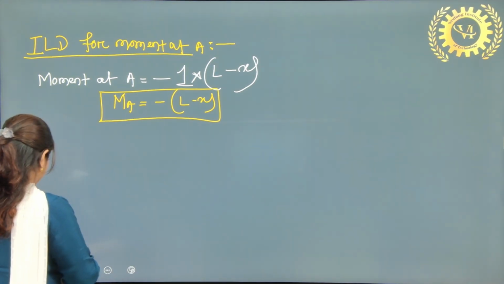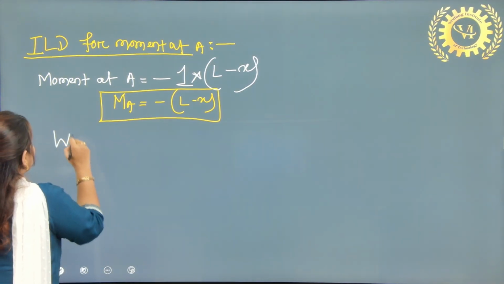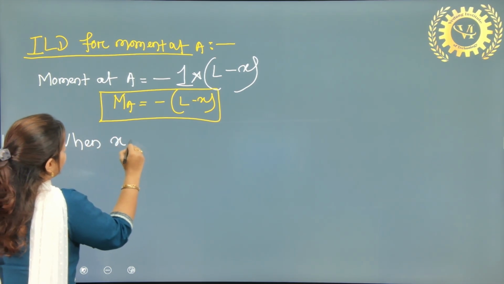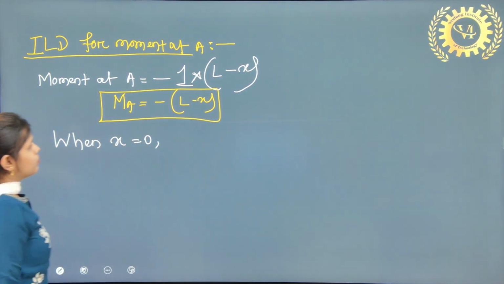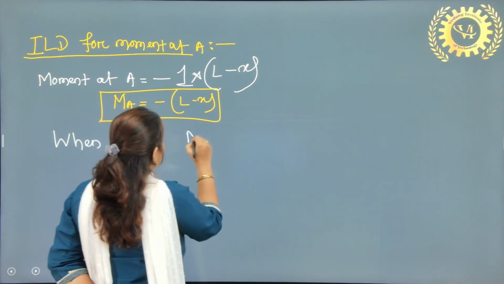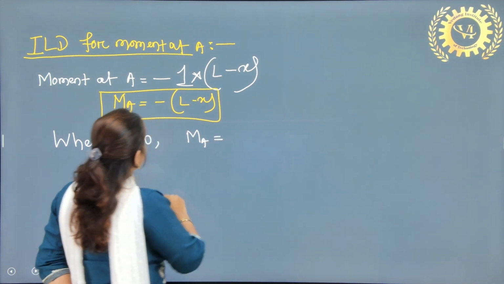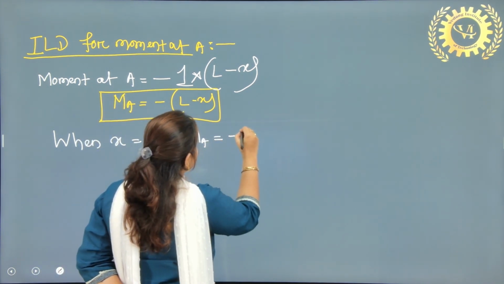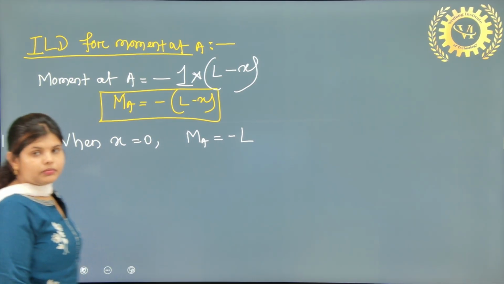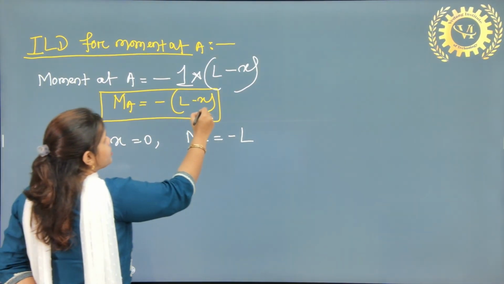Now, when x equals 0, this moment will become MA equals minus L. We will put the 0 value here.